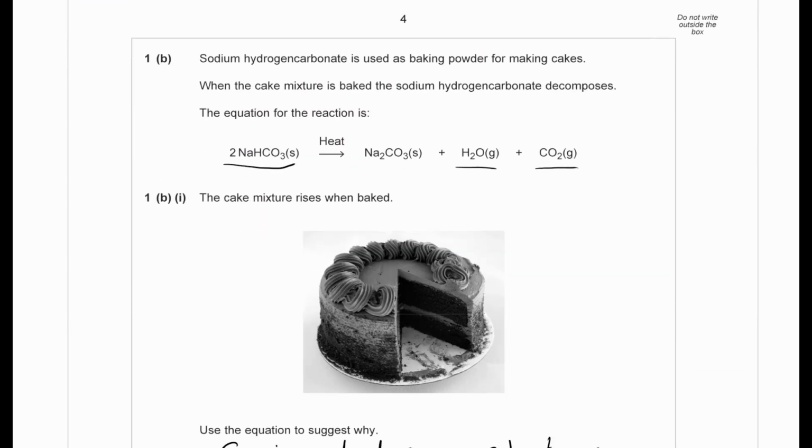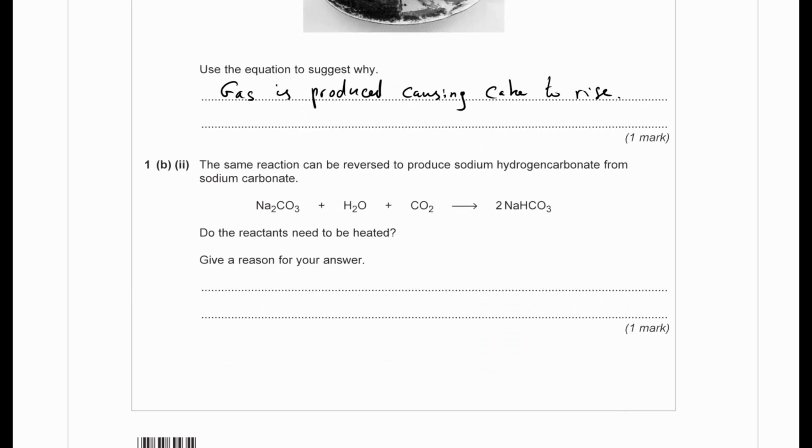The equation for it, because we're not adding acid this time, is sodium hydrogen carbonate plus heat. So it still is an endothermic reaction, but it's not the one where we're adding hydrochloric acid. So you can see that creating sodium carbonate from sodium hydrogen carbonate is going to be endothermic because we supply heat, right?